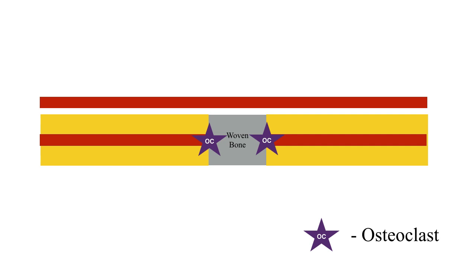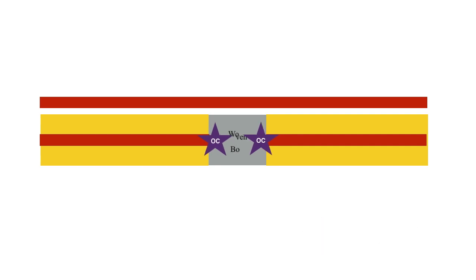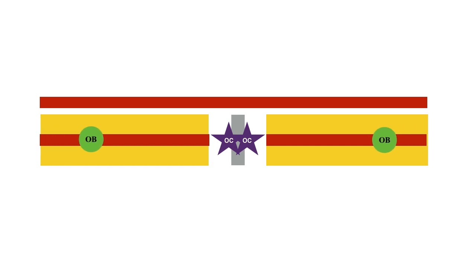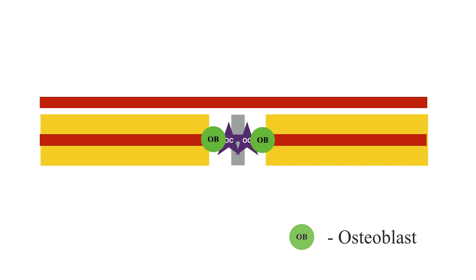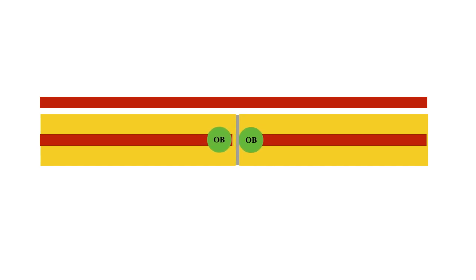These osteoclasts resorb the woven bone, and the gap is filled by subsequent osteoblasts which are brought by the blood vessel, and these osteoblasts lay down lamellar bone in the gap created by the resorption of woven bone. Finally, the woven bone is completely removed and the osteoblasts lay down the lamellar bone completely at the fracture site.